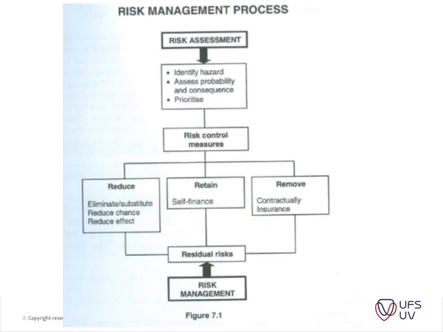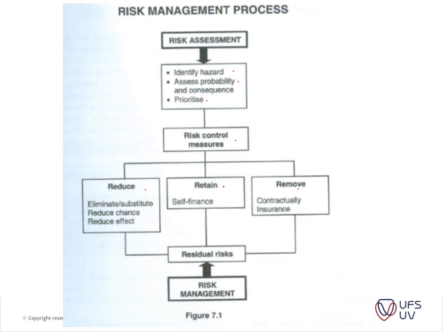Okay, then this is very important for me, figure 7. Here you can see the managing risk process, risk assessment from the one side, and then risk management from the other side. So it's very important to identify your risk, assess the probability, and prioritize your risks. Then only once you've identified it can you control your risks on site. So you can either reduce, retain, or remove, as I said in the previous slide. By reducing it, you can eliminate or substitute.